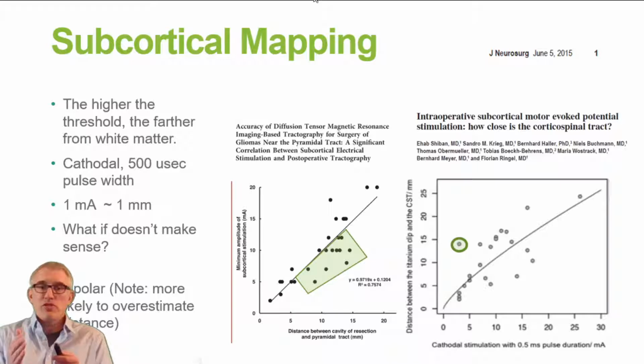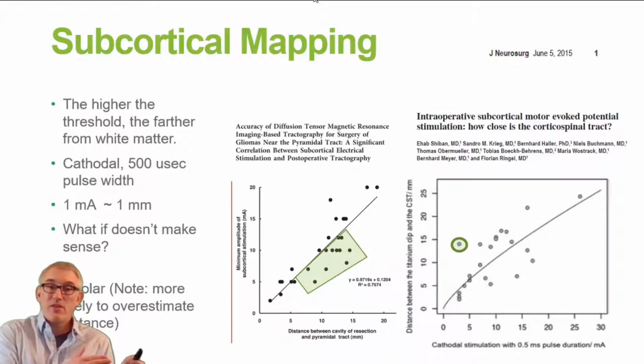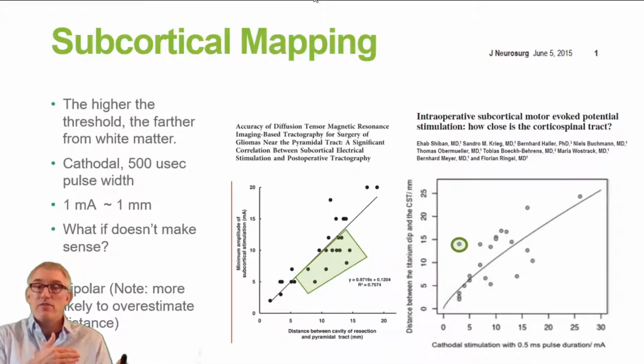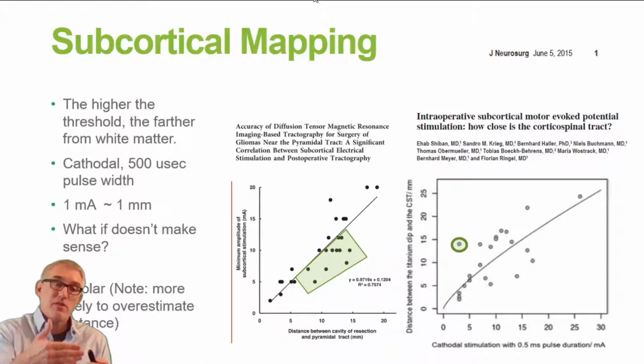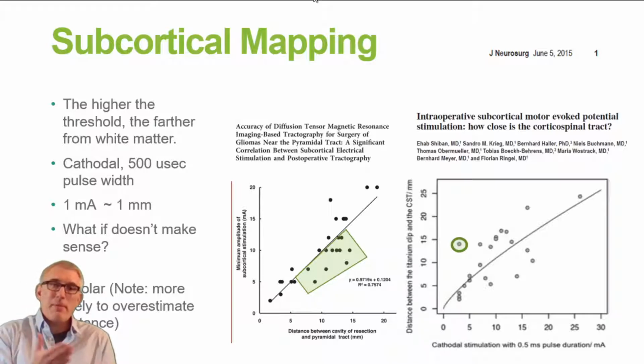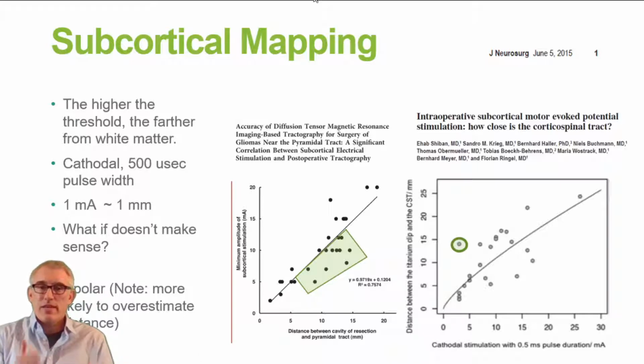So occasionally you'll see a threshold of, say, 10 milliamps, but the actual distance is only 5 millimeters away. This overestimates the distance, which isn't ideal, because it would inform you that you're still distant and can safely resect a little farther medially, but in reality you're closer than the threshold would say. So that's why monopolar first, and bipolar as needed, in case there's incongruent data between our thresholds and the imaging data.